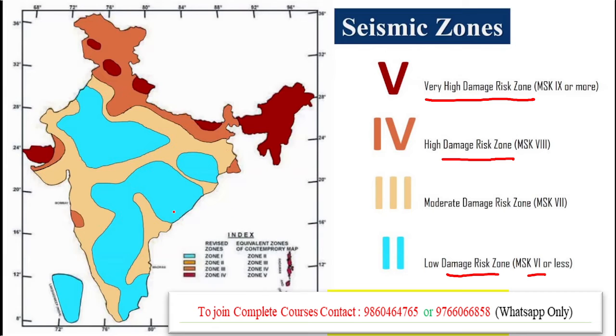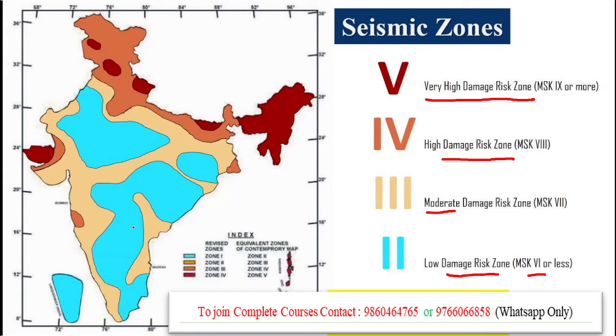Clear? So the blue shaded area will represent the low damage risk, and then the light brown or cream color in this region represents the moderate damage risk zone, and the light brown will represent the high damage risk zone, and then the brown or maroon represents the very high damage risk zone.